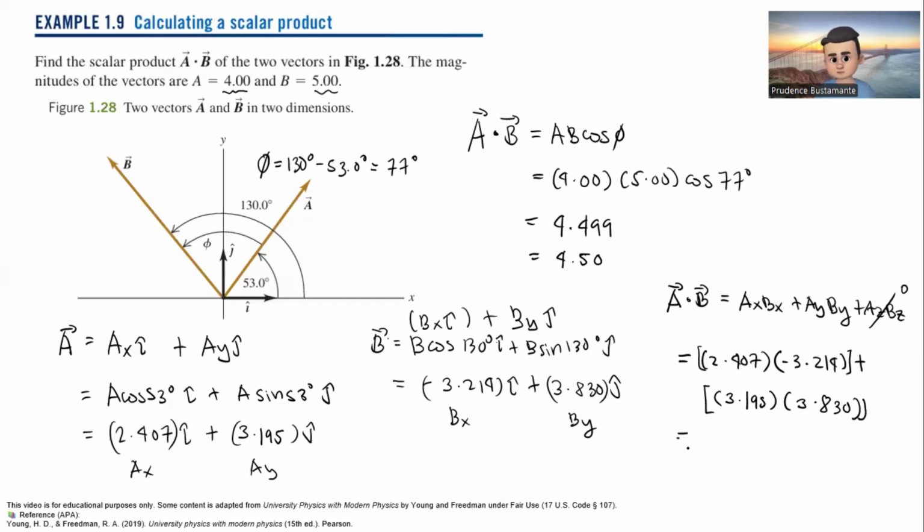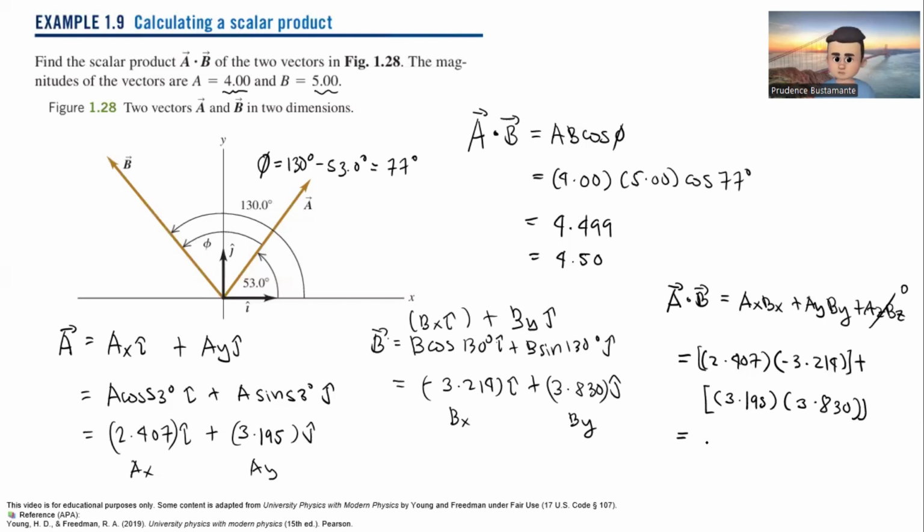If you compute this, we have 2.407 times negative 3.214 plus 3.195 times 3.830.